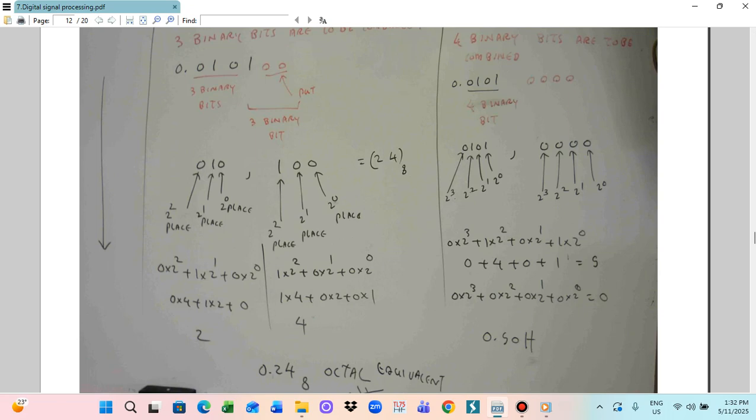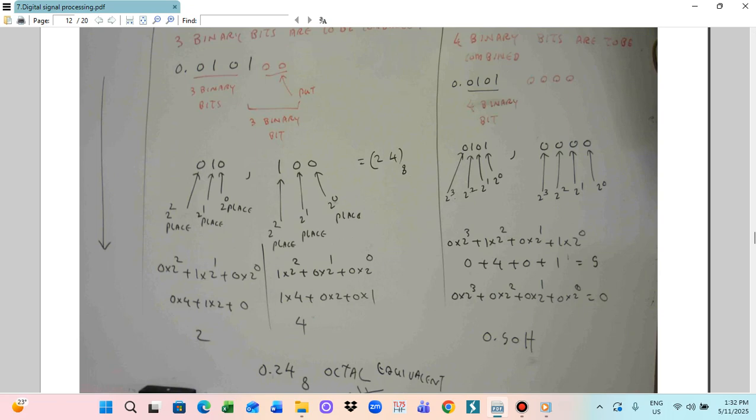The bit weights are 2 power 0 place, 2 power 1 place, 2 power 2 place, and 2 power 3 place.